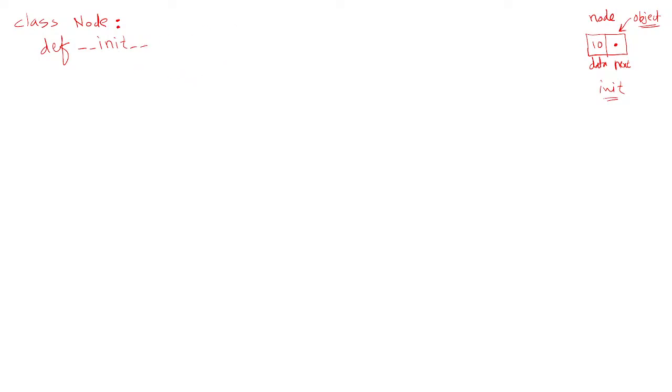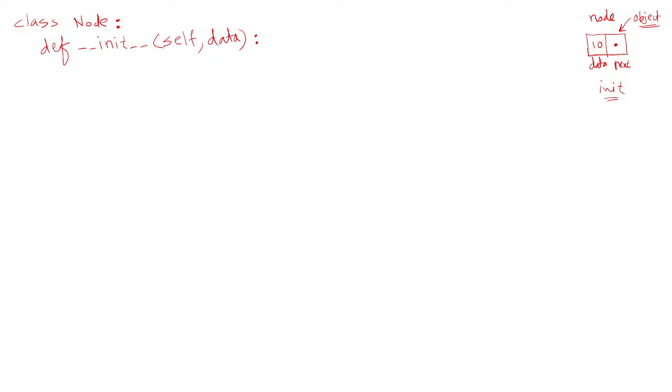As I said, the first parameter should be self, which is a reference to the current object. Then the second one we require is data. These are the two arguments we require here.